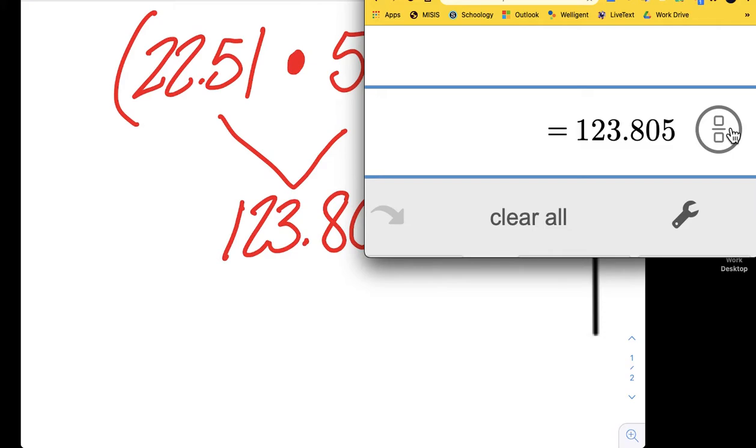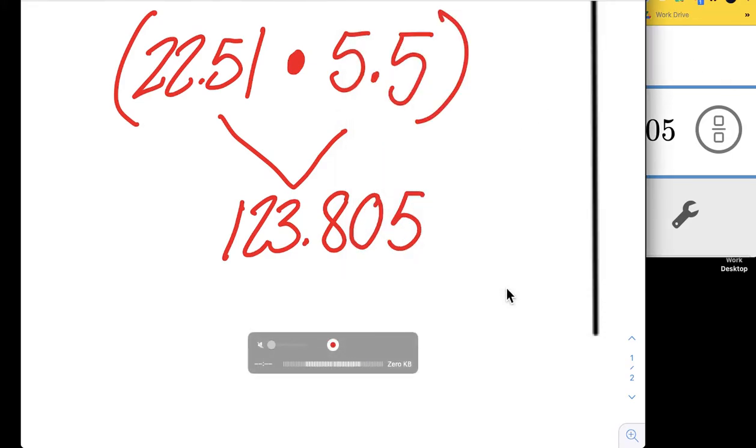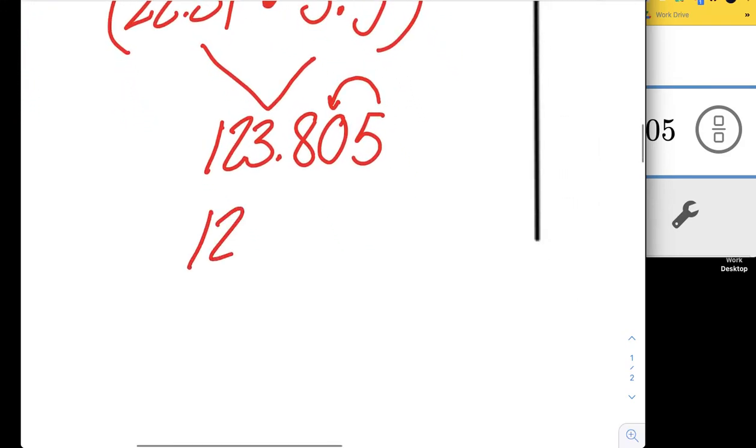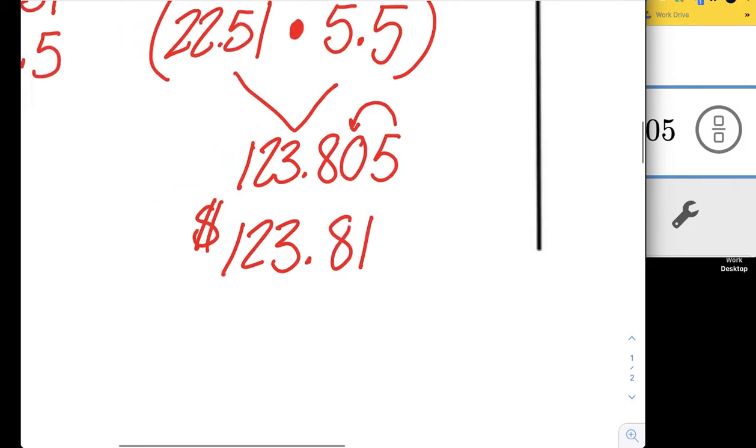But I need to put this in terms of cents. I need to round to the nearest cent. So this 5 is going to push this 0 to a 1. So I'm going to get $123.81. Right?